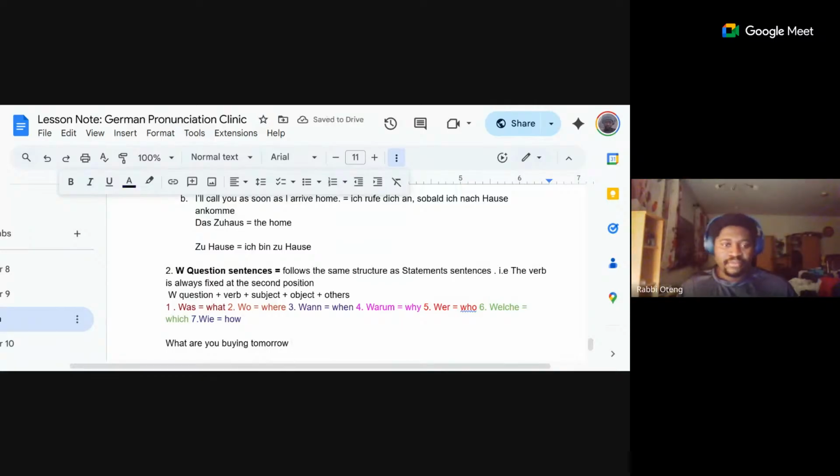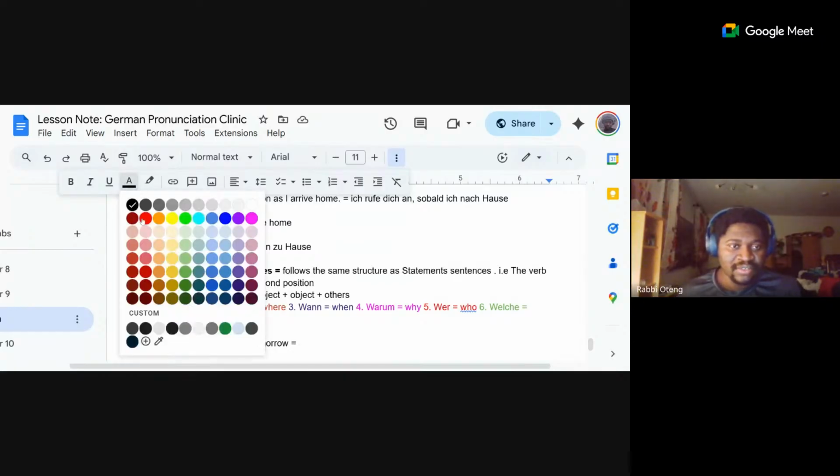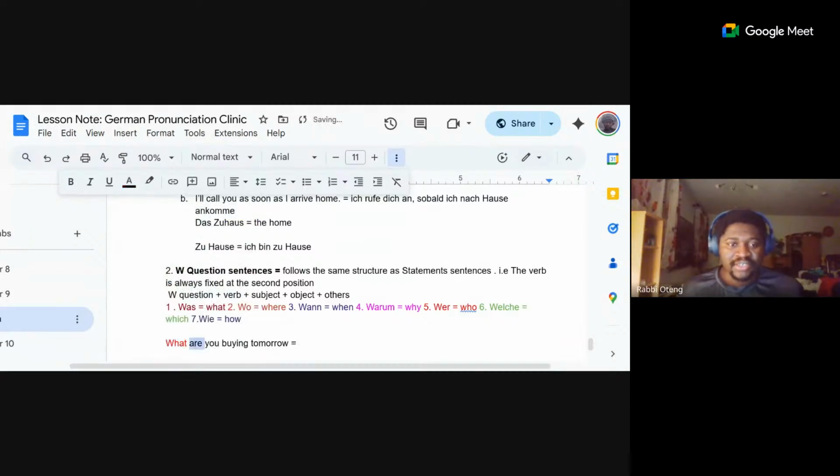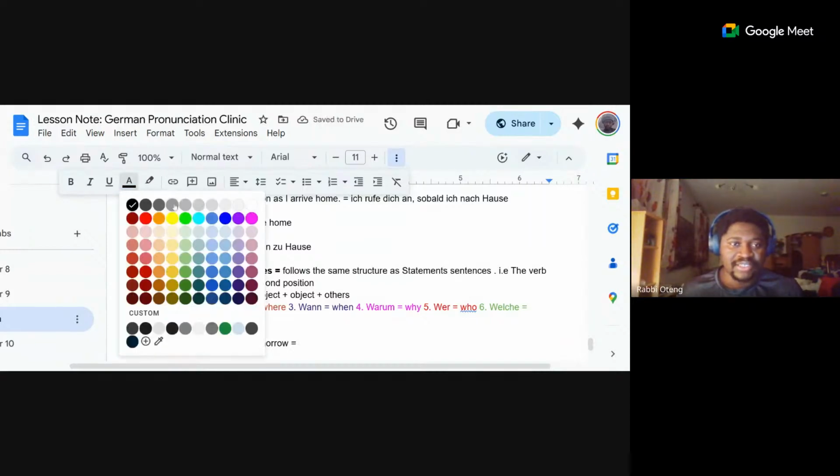So, what are you buying? Okay. We have our subject, our W question, which the rule says is fixed at the first position. Followed by the verb.